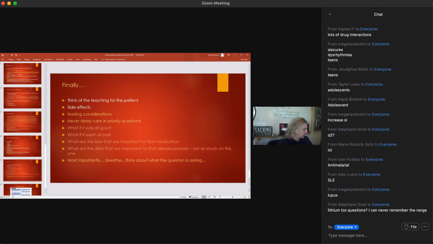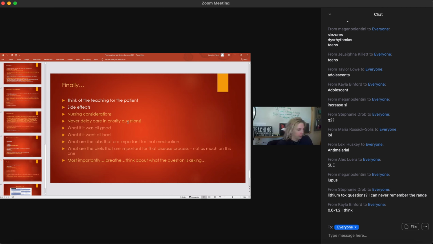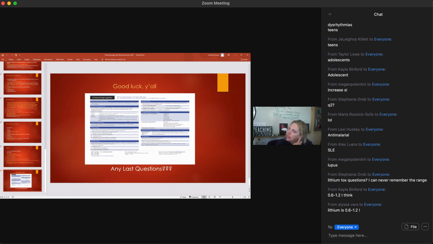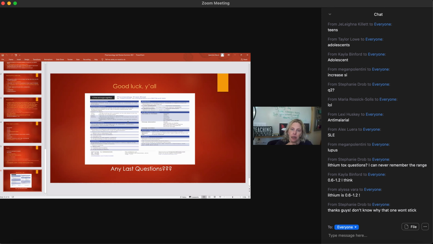Let me show you the last slide real quick. I like this cheat sheet thing that I found online, like the nurse taking the drug interaction, the pharmacodynamics, kinetics, absorption, distribution, those type of things.